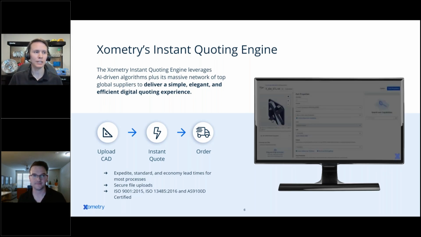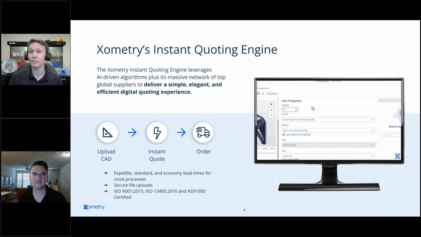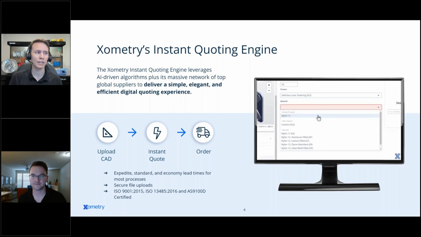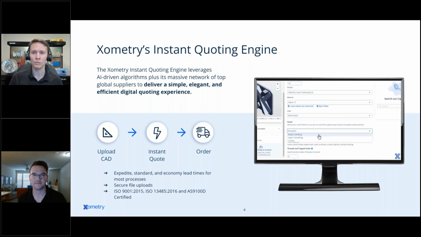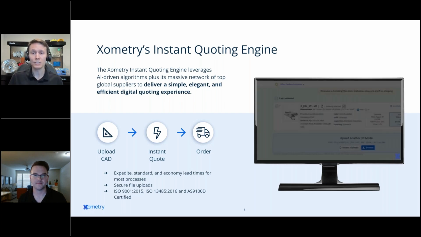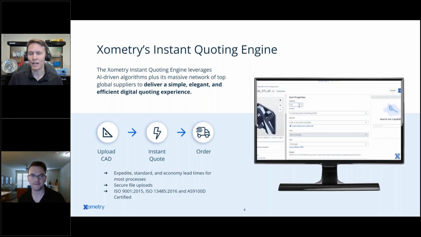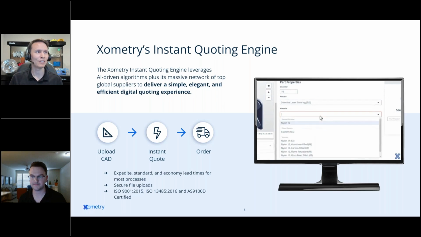So we hold the standards like ISO 9001, AS9100D for aerospace, ISO 13485 for medical device manufacturing, and we also work in ITAR and are working on CMMC, which is very exciting as we are a digital platform, and that's what ITAR will be evolving into. So we're very excited to talk about that.